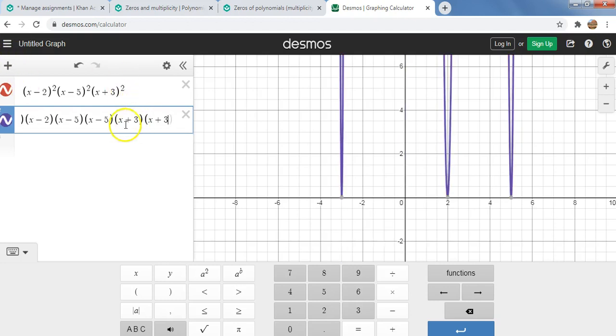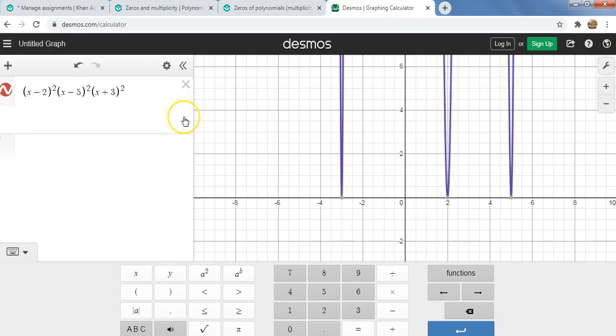Okay, this is kind of like when you combine it, making something squared. This is everything just expanded before you multiply everything out. So you can see that these are the same graph.